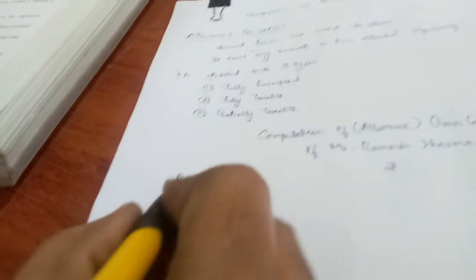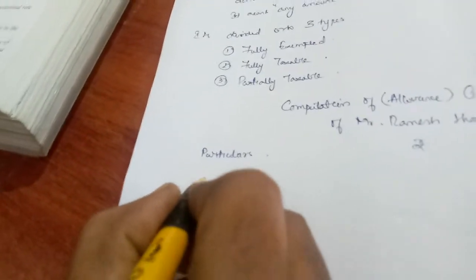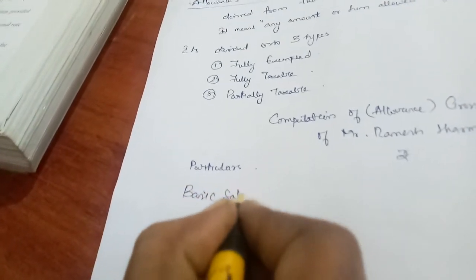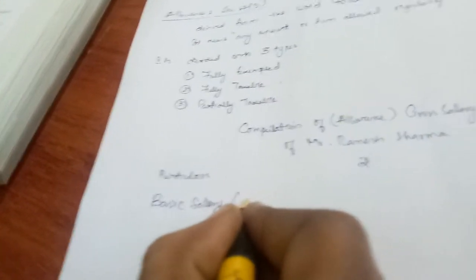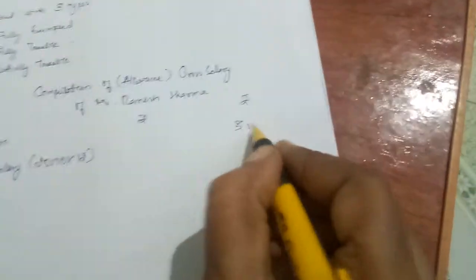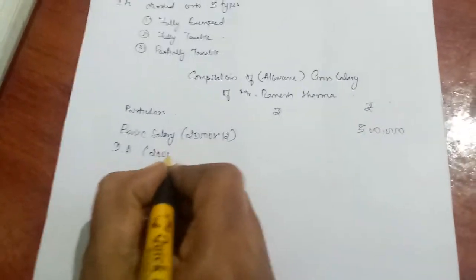So we are calculating the gross salary of Mr. Ramesh Sharma. First we should take into account basic salary. So he is taking 25,000 per month, so into 12, 3 lakh rupees. Next, DNS allowance 2,000 per month.